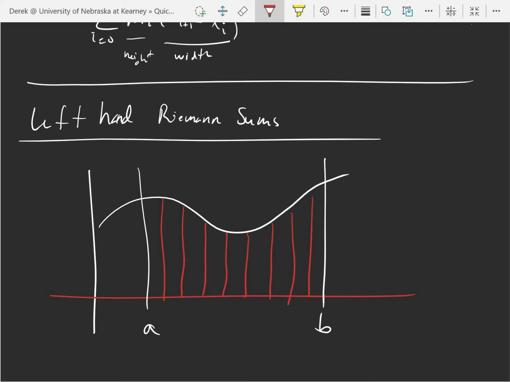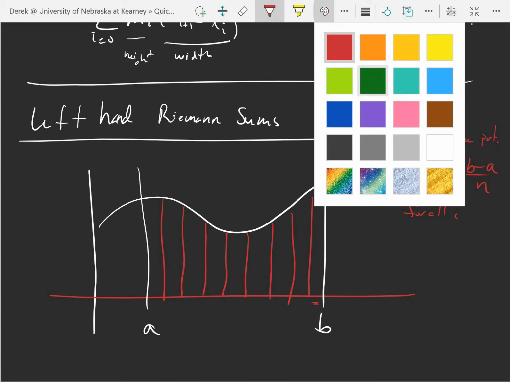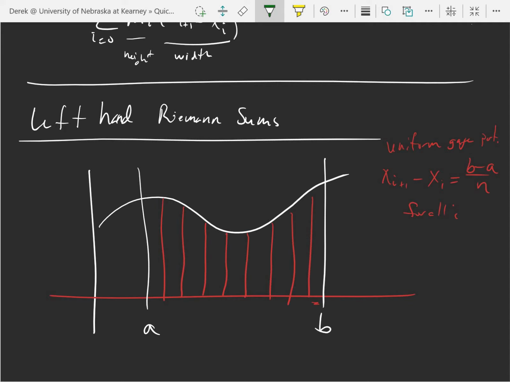So I take the width here, x_{i+1} minus x_i is equal to (b minus a) over n for all i. Sort of a uniform width or uniform gauge partition. And then how I form the rectangles is, I just look at the left-hand point and draw my rectangle from that left-hand point. That's going to be where the top of my rectangles are.